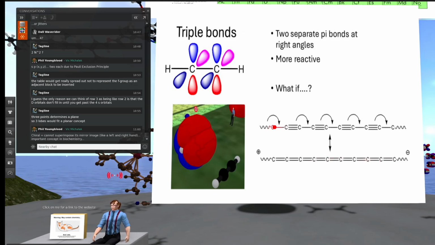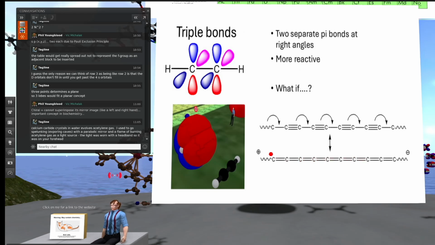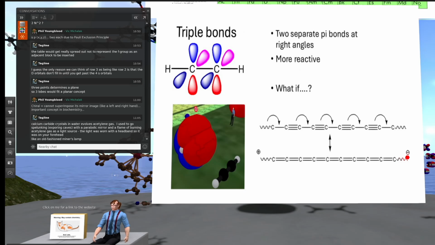So if we move an electron in, we have a cascade of electrons moving around, and our triple bonds end up just being an extended set of double bonds. We've essentially moved an electron from one side of this structure to another. This is the idea behind having a molecular wire.